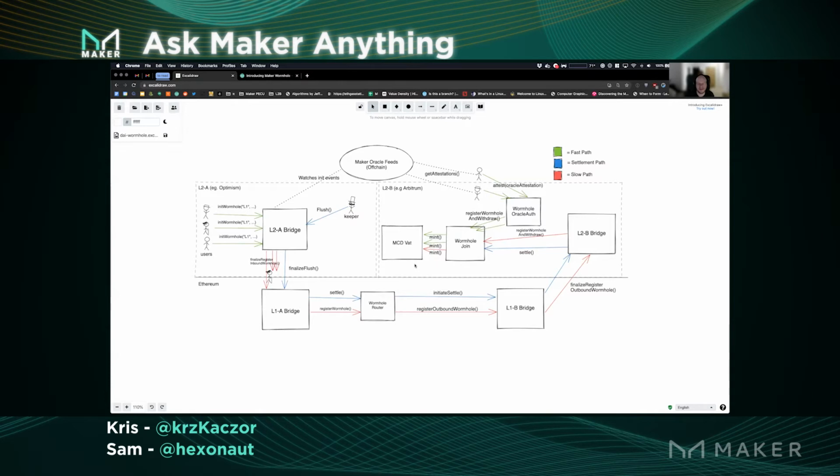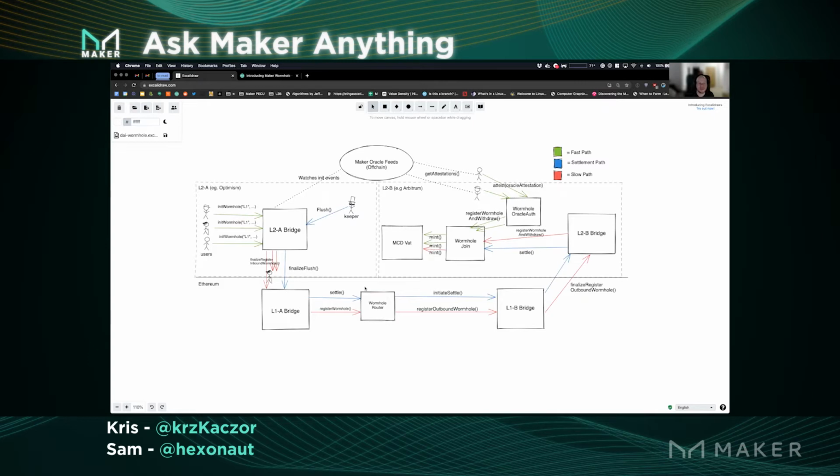But still, Oracles in theory could, for example, censor one particular user, right? And for this special case, we still have something that we call the slow path, and basically it's a path that the user can take when the Oracle system is down or doesn't work.